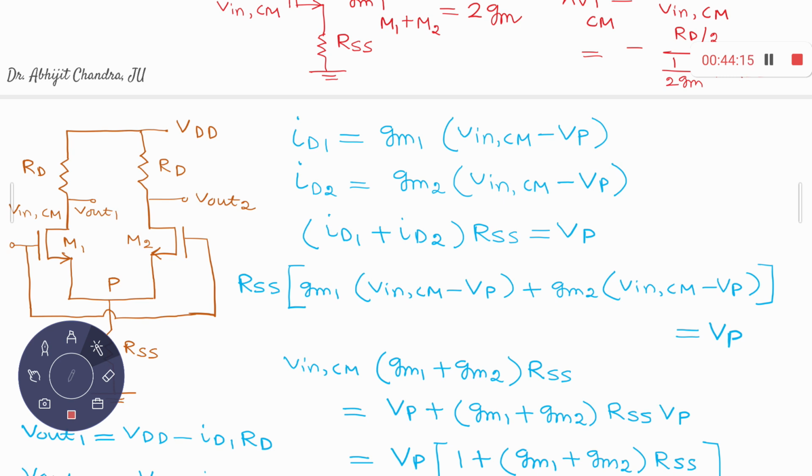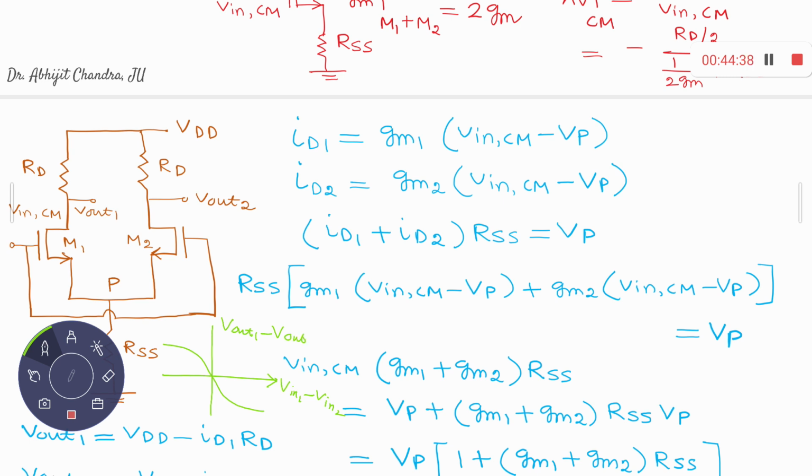We have already obtained the equilibrium condition, that graph you can remember, the graph that we have already drawn. This one is Vin1 minus Vin2, and this one is Vout1 minus Vout2.